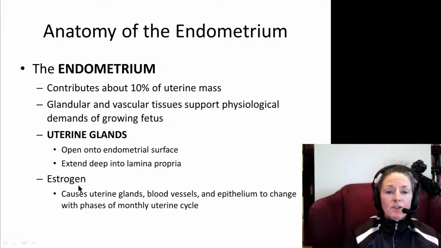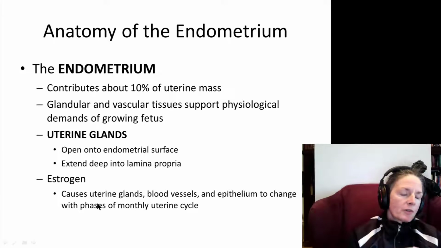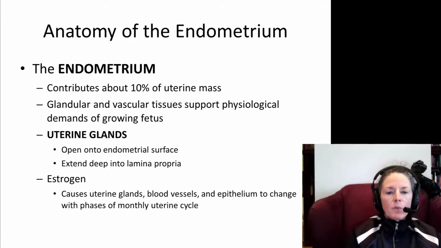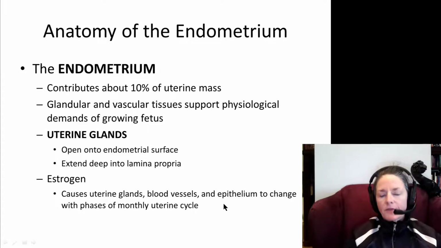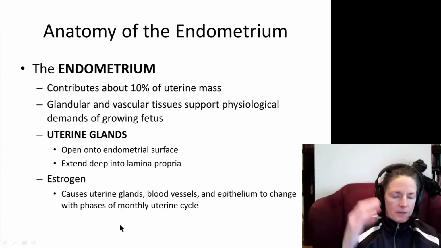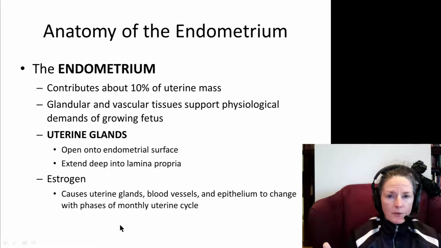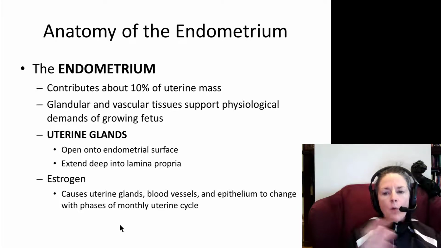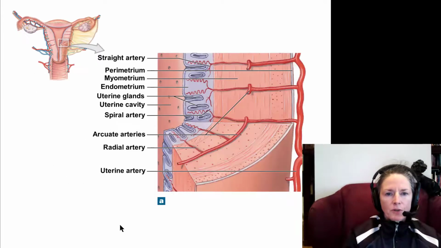And we're going to see that estrogen, which will be produced by those follicular cells, or now they'll be granulosa cells in the follicles, will be causing uterine glands and blood vessels to change in the first phase of the uterine cycle. So the first phase of the uterine cycle will be tied to the follicular phase of the ovarian cycle while this estrogen is being produced.